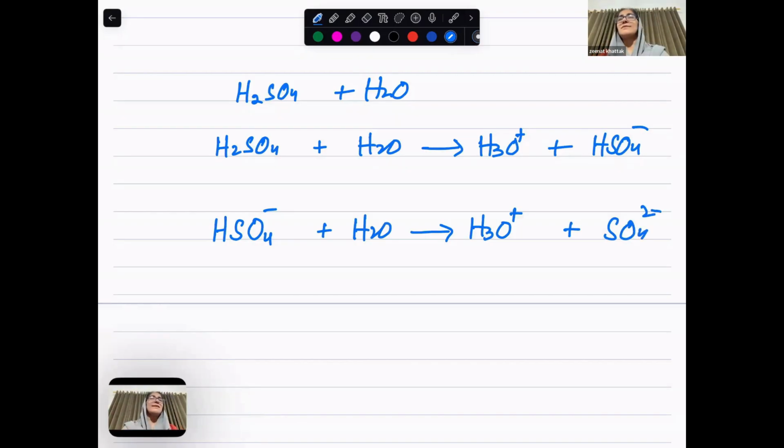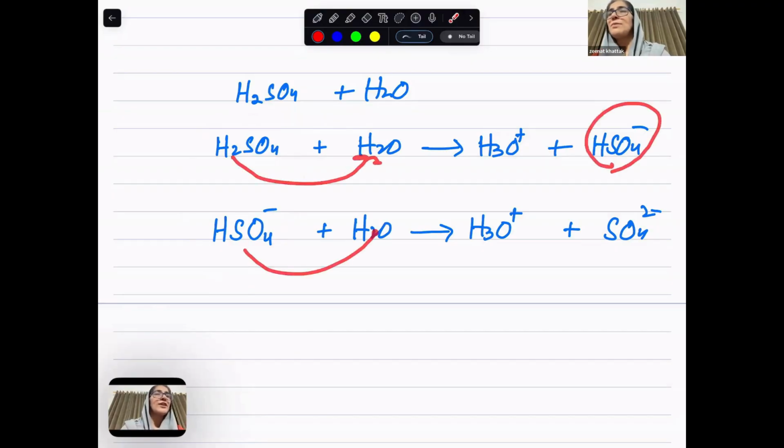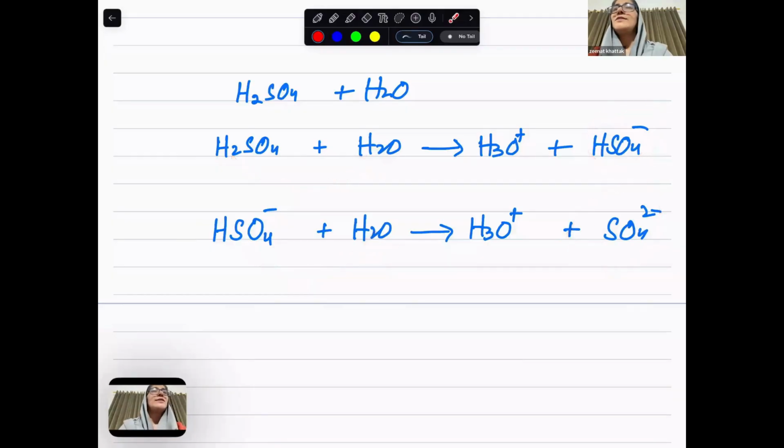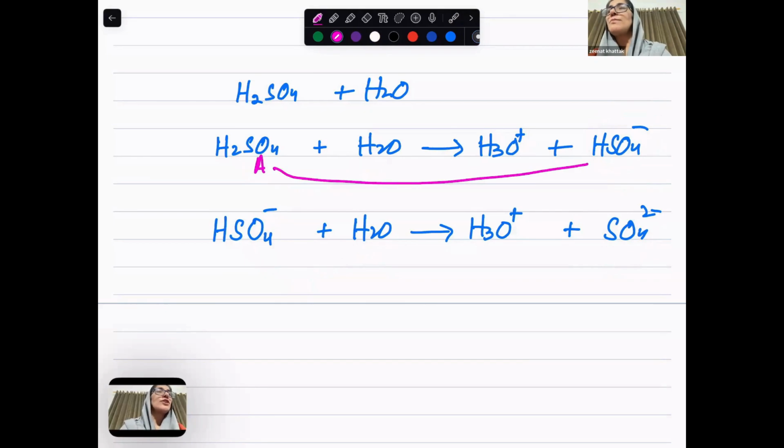So one thing is clear, the H2SO4 is giving H plus stepwise. First H plus, making HSO4 negative, second H plus, making SO4 di-negative. This is the acid. This is its conjugate base. Why? The acid and the conjugate base differ by 1 H plus.